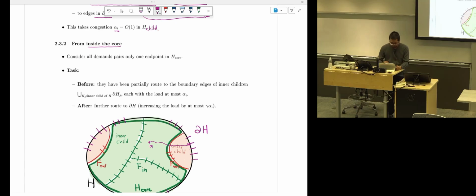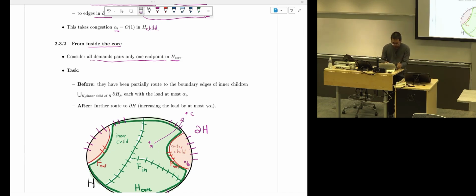Okay. So consider all demand pairs where only one endpoint is inside the core. The other endpoint may be like here or here, outside the core. But again, note that I don't try to send flow. I just try to forward it to the battery here.